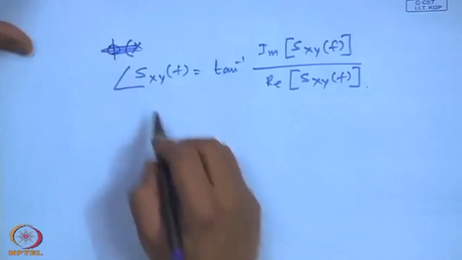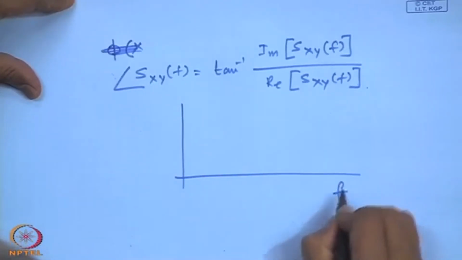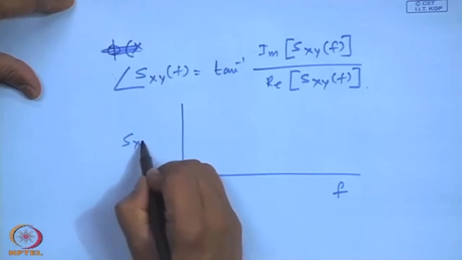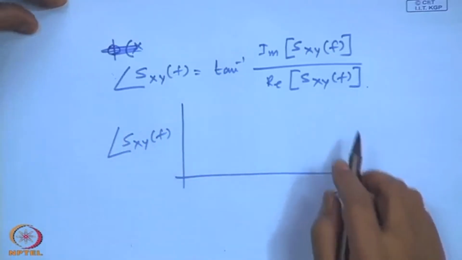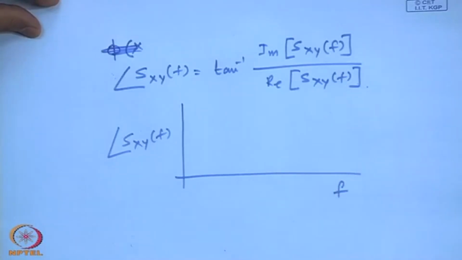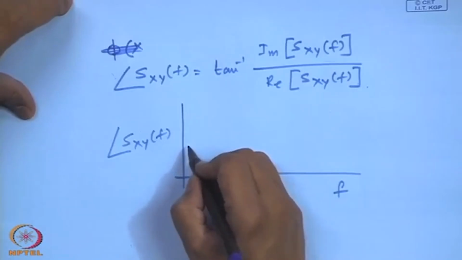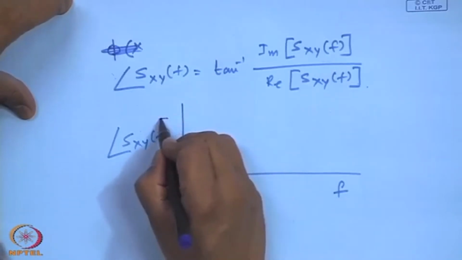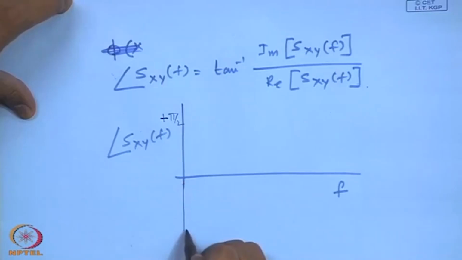So, this phase angle, which is a function of frequency, will actually vary with time, and this will be from plus pi by 2 to minus pi by 2.